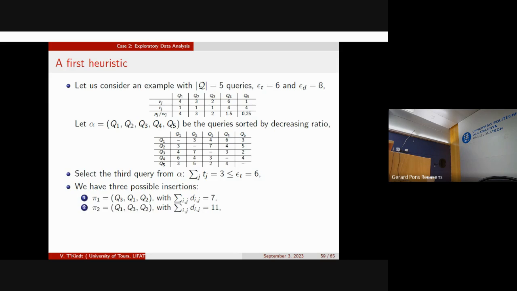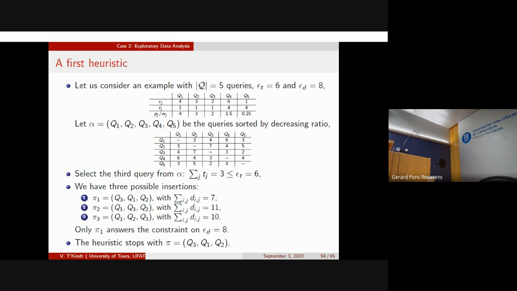If I put it in the second position, the total distance is 11, which is not feasible, so I will not consider this possibility. And if I put Q3 in the last position, the total distance is 10, higher than 8, so I can't consider it. I have no choice, I can only keep Q1 and Q2. I iterate like that, and in fact the heuristic will stop with this solution.